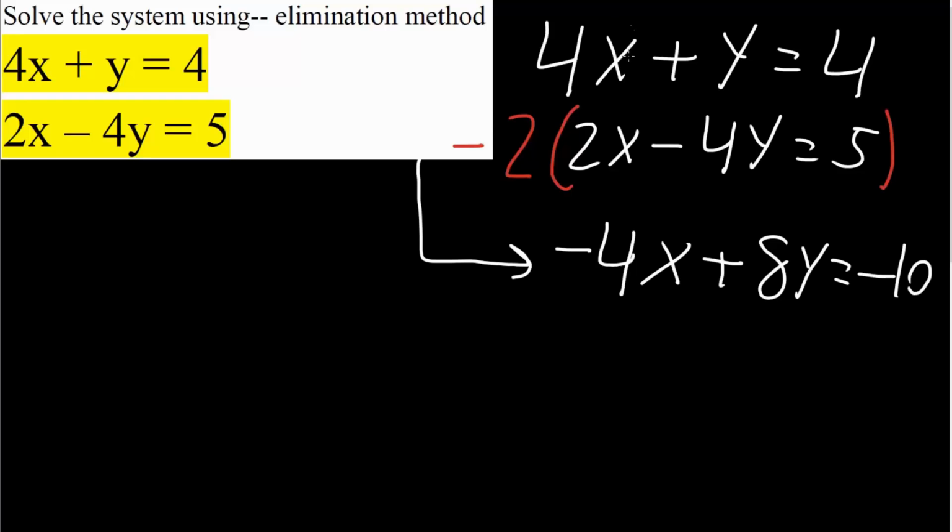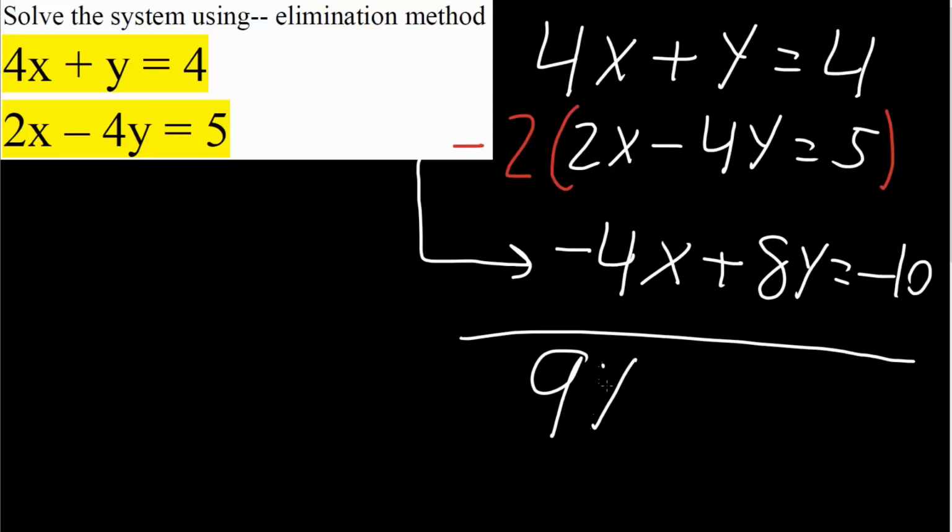And now I will combine this equation right here and this equation. So 4x minus 4x is 0x. y plus 8y is 9y. Is equal to 4 minus 10 is minus 6.